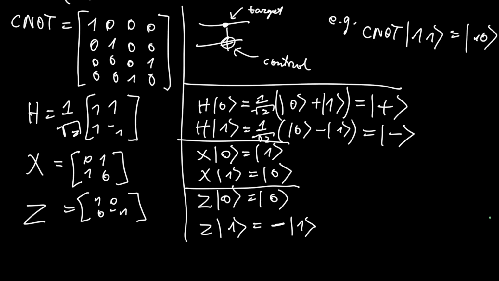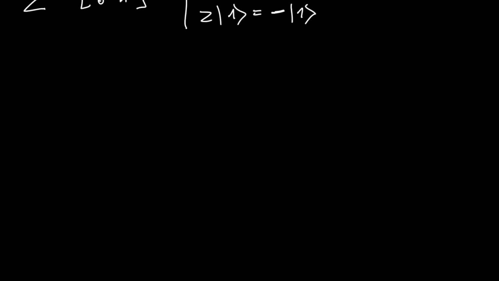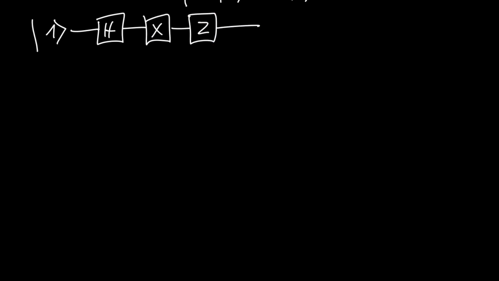Let's do some more computation. Let's take a 1, then apply a Hadamard gate, then apply an X gate, and then apply a Z gate. So first of all, 1 applied to Hadamard.